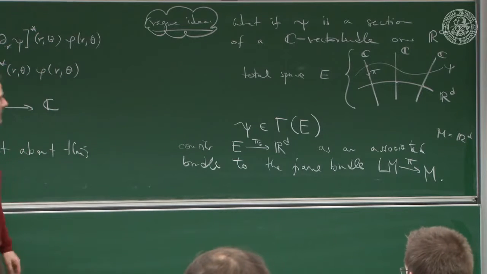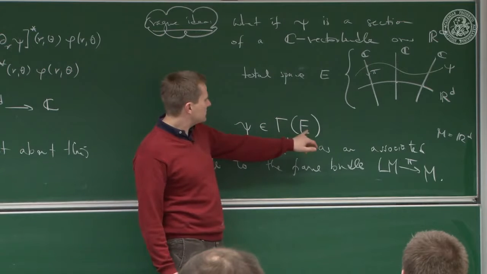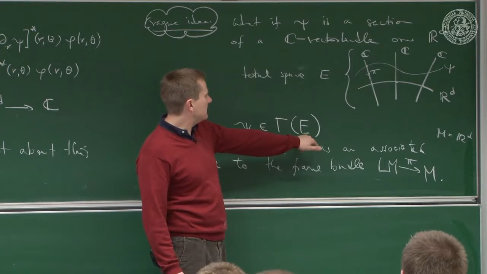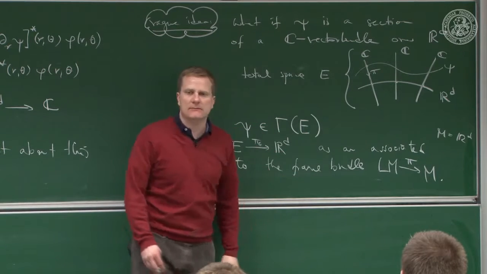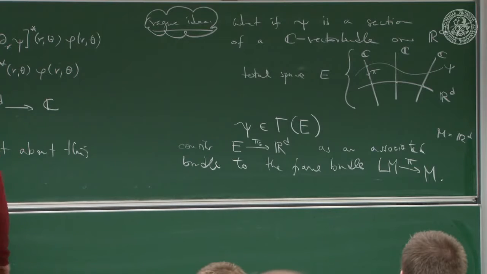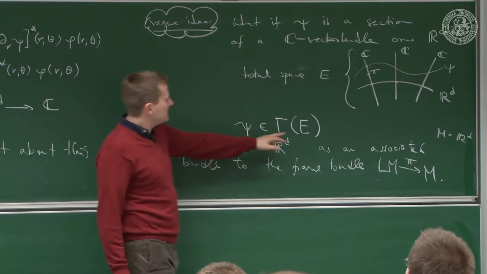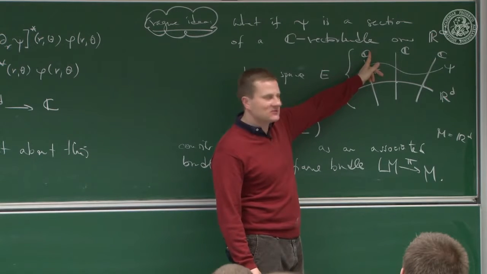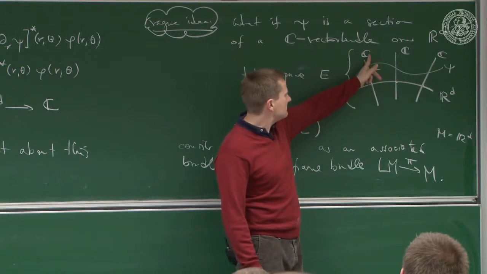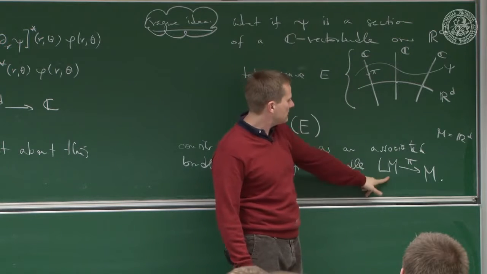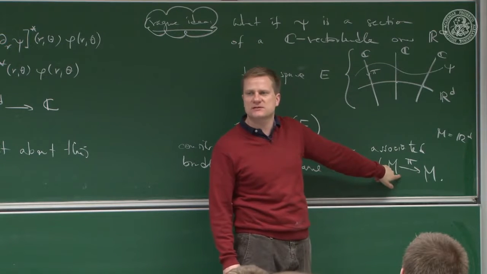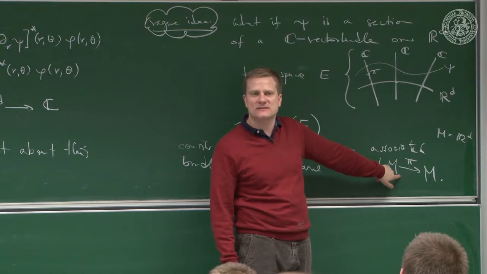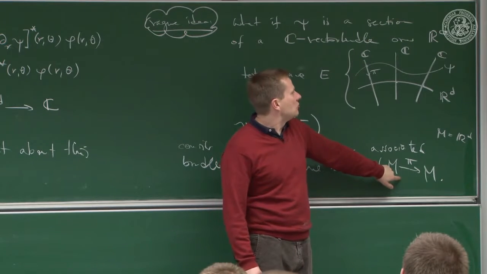Do you remember how these sections of such a bundle, an associated bundle, can be represented? They can be represented as C-valued functions, but not on the base space, but as C-valued functions on the total space of the principal bundle. We had this theorem. You remember that? Okay.